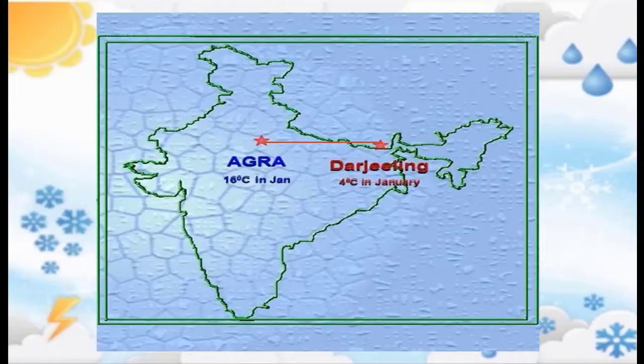But if you see the temperature, in the month of January in Agra, the temperature is 16 degrees Celsius, whereas in Darjeeling, in January, the temperature decreases to 4 degrees Celsius. Same latitude, but there is a difference. Why?